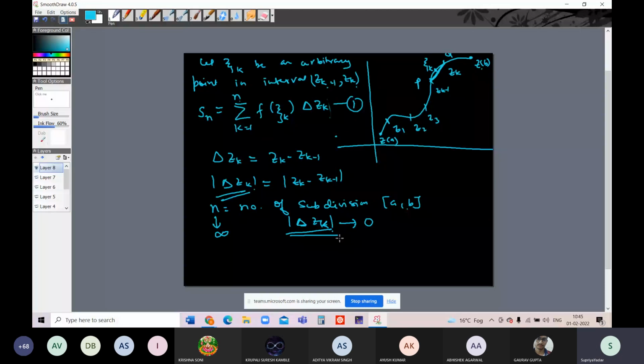So in that case, if this sum Sn, when we take n tends to infinity, the length of the subdivision is also approaching 0.